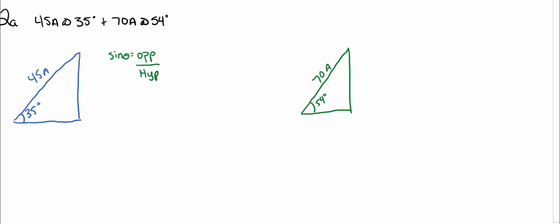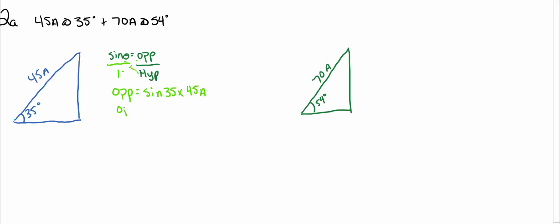How do we isolate for the opposite? We just do some quick cross multiplication. The opposite is equal to the sine of 35 degrees times the hypotenuse of 45 amps.